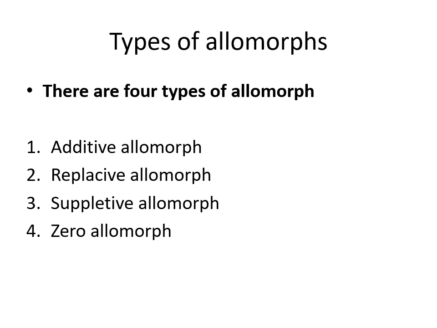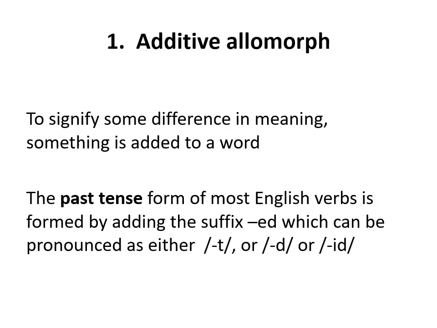Zero allomorph means that the spelling and the pronunciation are the same, there is no change, but we can change the form, like from singular to plural. We use the same spelling and the same pronunciation, like deer or deer, sheep or sheep.